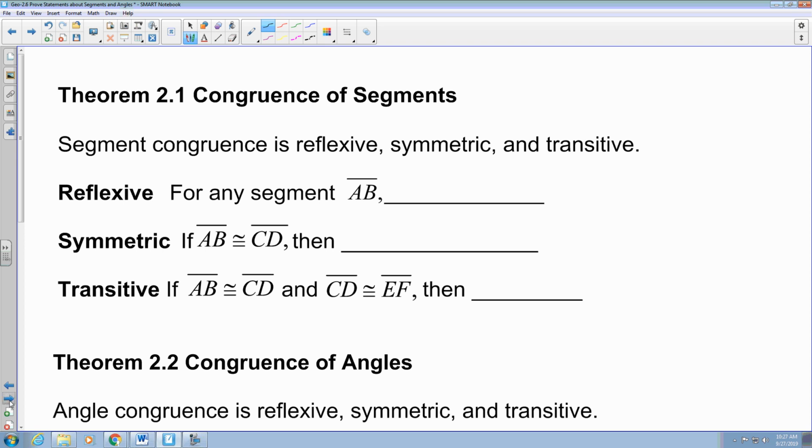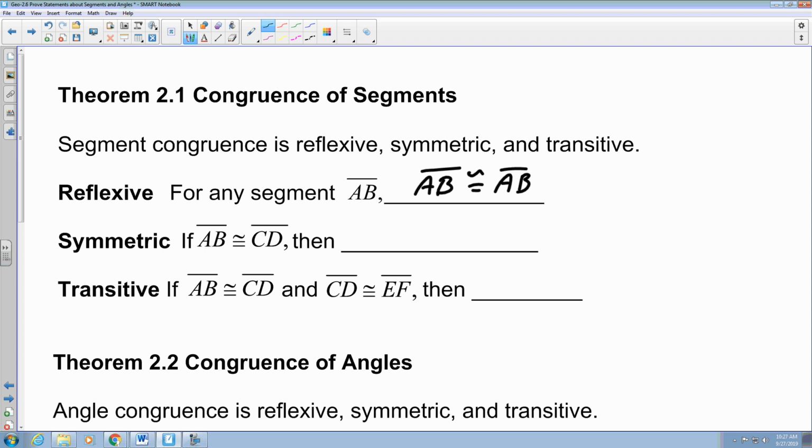Looking at two theorems when it comes to congruency of segments, very similar to what we talked about yesterday. So it says for any segment AB, when we're looking at the reflexive property, we can say that AB is congruent to AB. All right, it's reflexive.